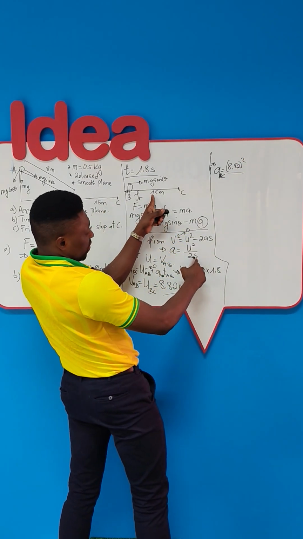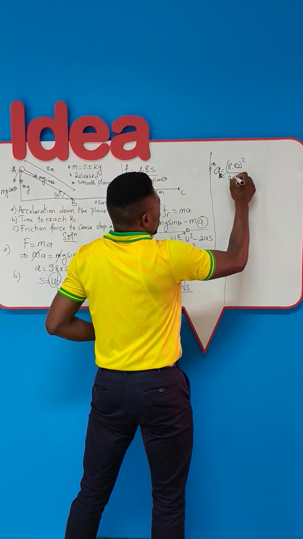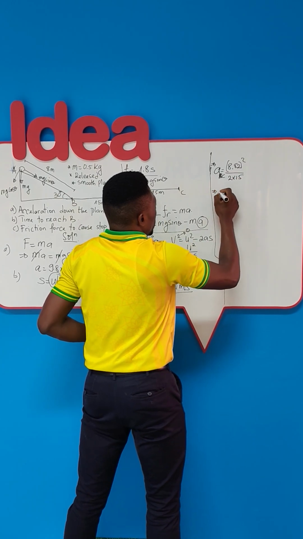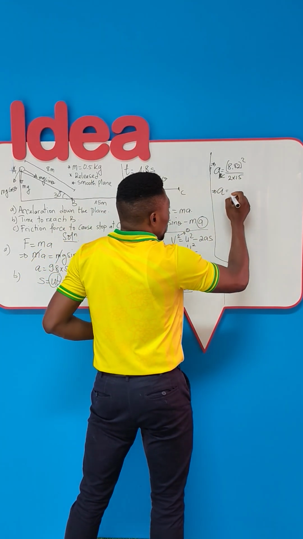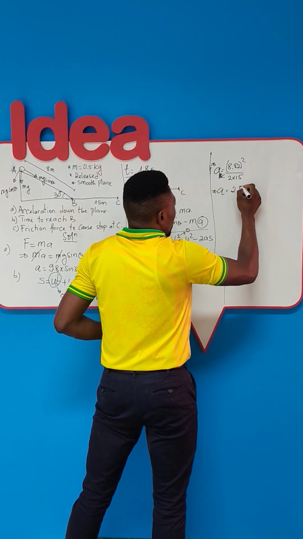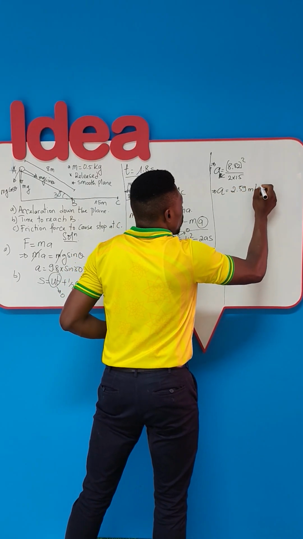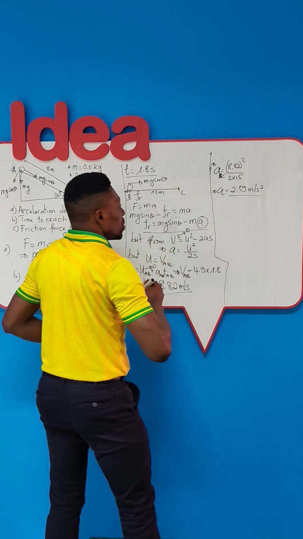The distance s is 15, so 2 times 15. Therefore, if you punch well in your calculator, a will be 2.59 meters per second squared. Dear friends, be careful with the units.